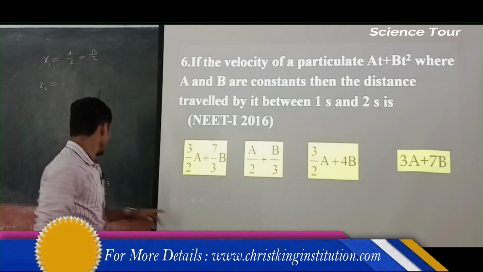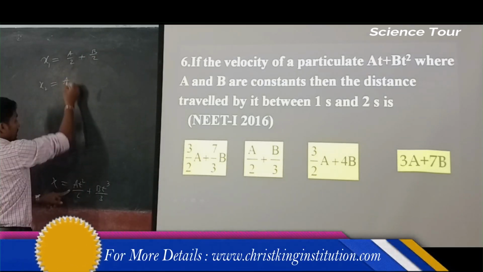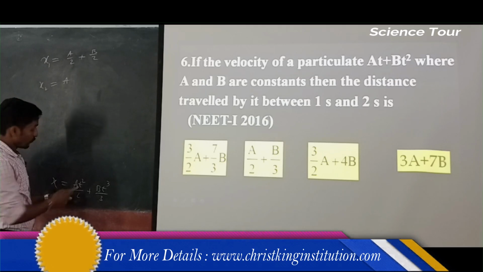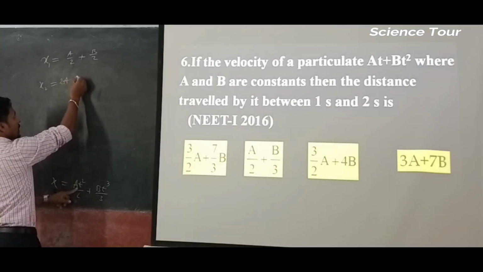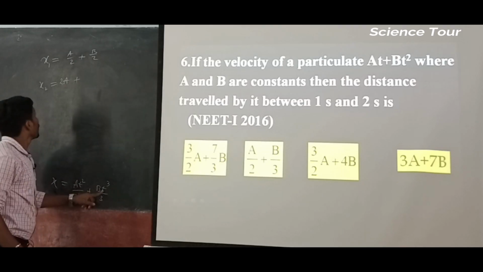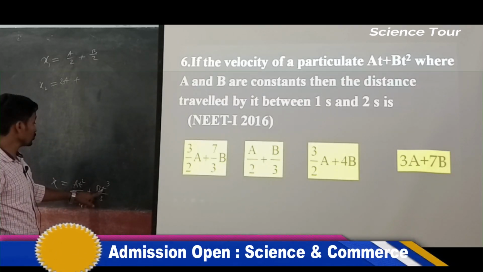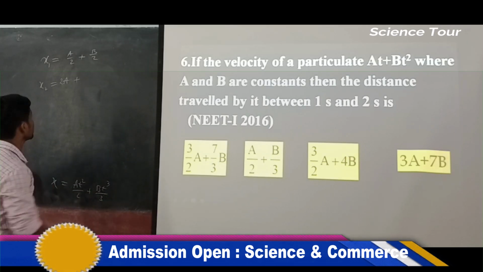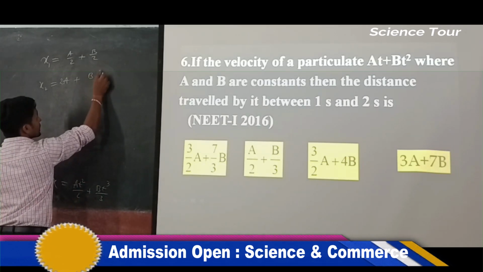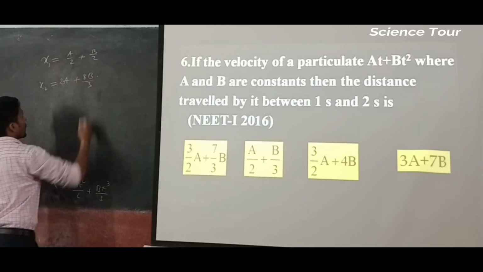Whereas when t is equal to 2, that is a, 2 2s are 4, 4 divided by 2 is 2, so 2a, plus t to the power 3 means 2 to the power 3 is 8, so 8b by 3.